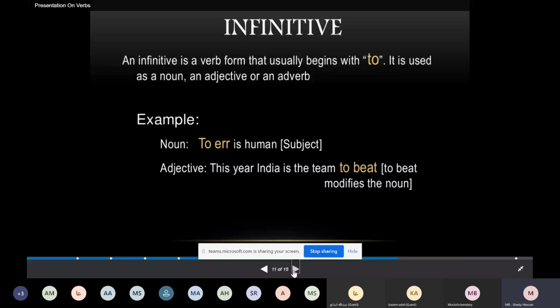This year, India is the team to beat. To beat modifies the noun team.